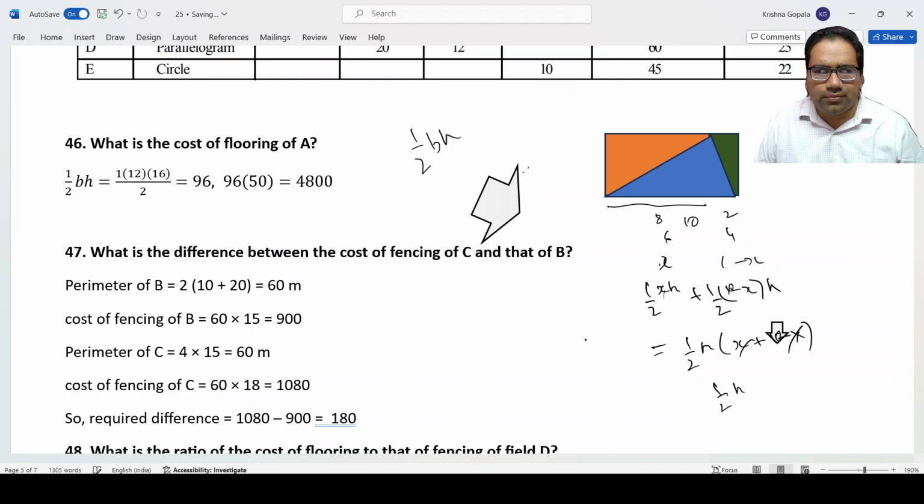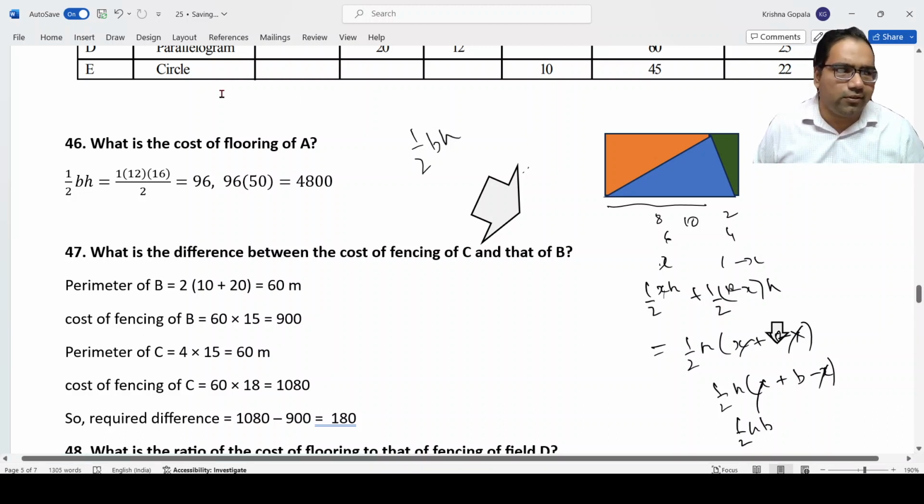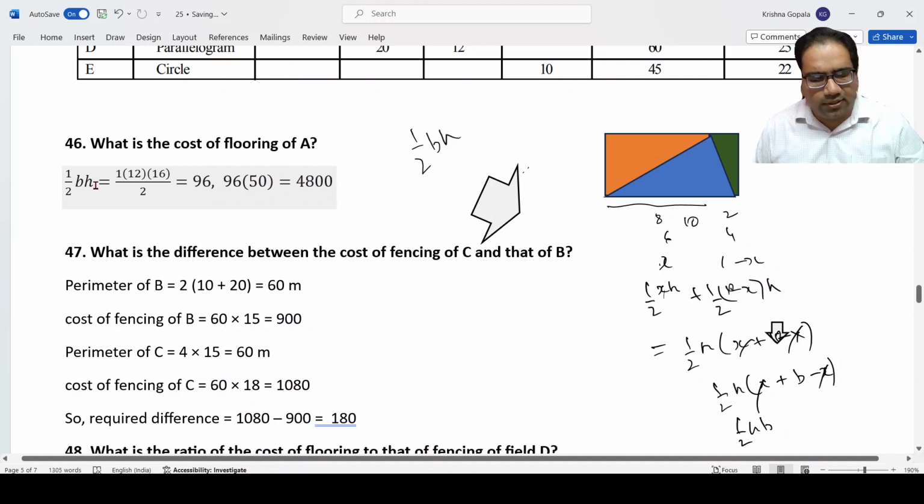Half of h into x plus b minus x, where x gets cancelled, gives half of h into b. H is this height and b is our base. Okay, so this works for any triangle. How did we arrive at half of b into h? This we had studied in geometry during our school days.